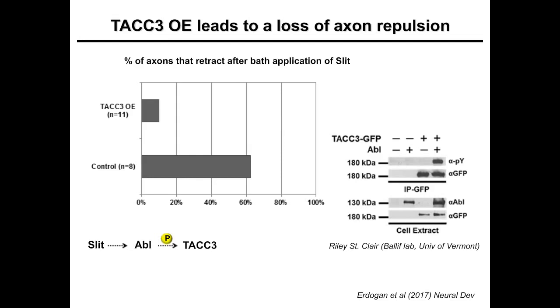We don't know yet if it's direct, but we do know that TACC3 is phosphorylated in response to ABL, and that may lead to changes in how TACC3 modulates microtubule dynamics. And so Burcu is in the process of making mutants of the tyrosine residue to see how that changes TACC3's function to regulate microtubule dynamics and growth cone behaviors.